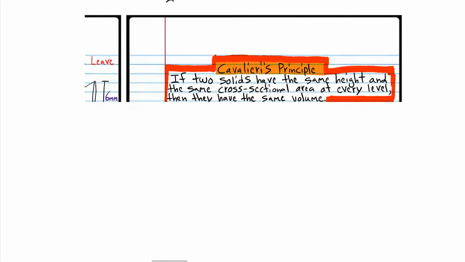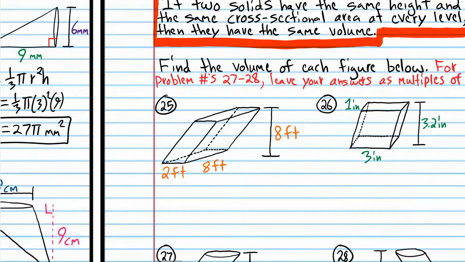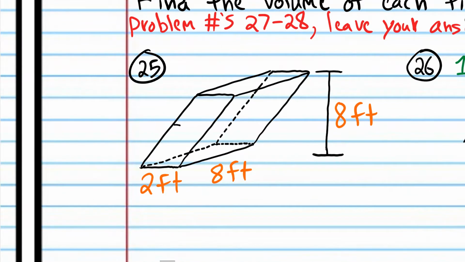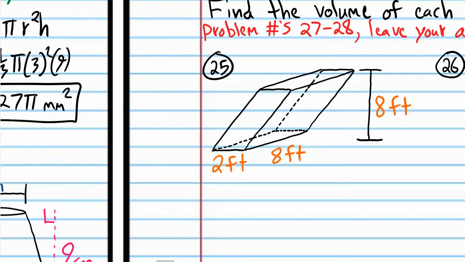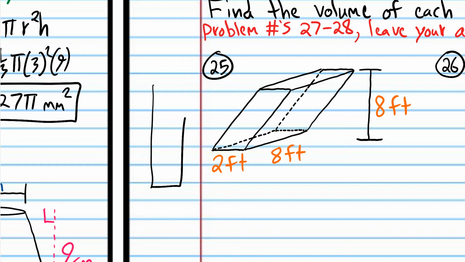Well, the same is true for this figure down here. If I take a cross-sectional slice, that's 2 feet, and then this length here is 8 feet. So if I take that slice out, it's going to be another 2 by 8 rectangle.